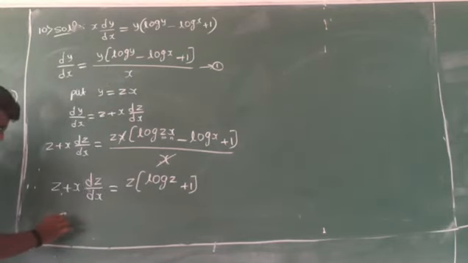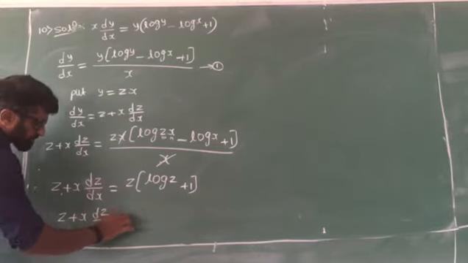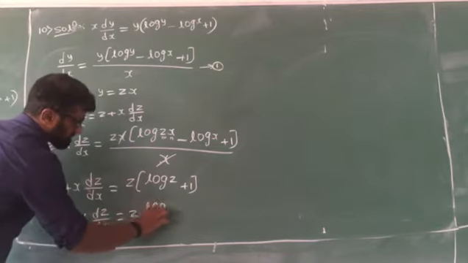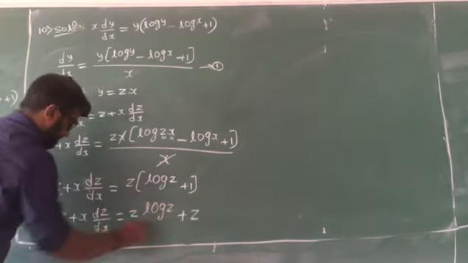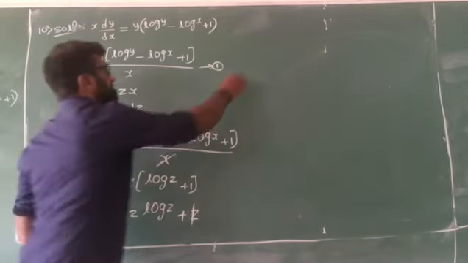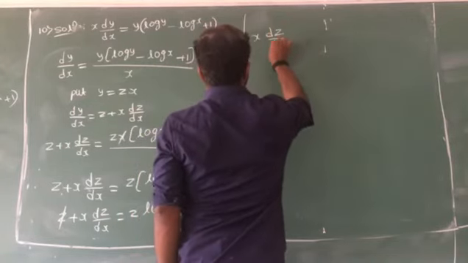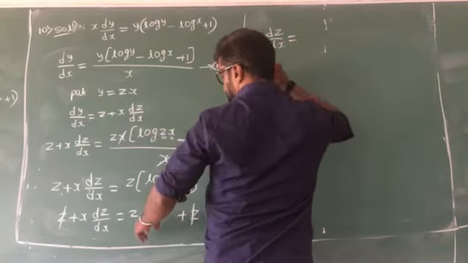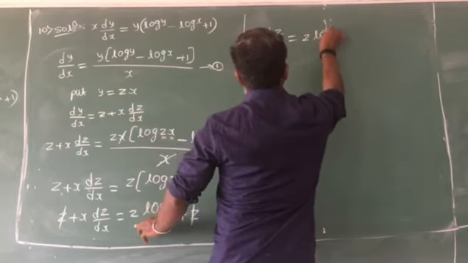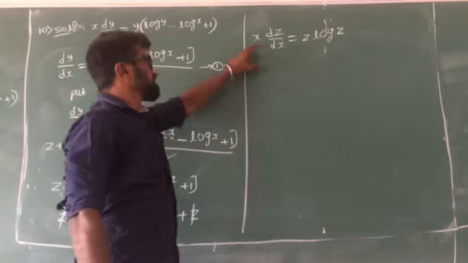So z plus x into dz by dx equal to z log of z plus z. So z gets cancelled, right? Simplify this. x into dz by dx equal to z log of z only. This is a function f of z, this is a function f of x.